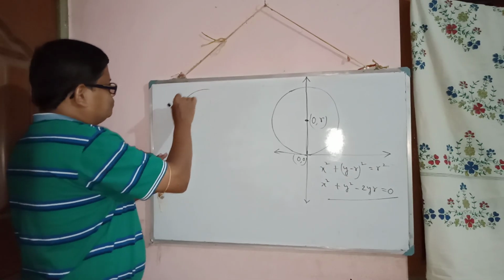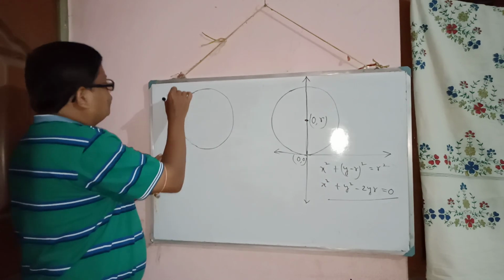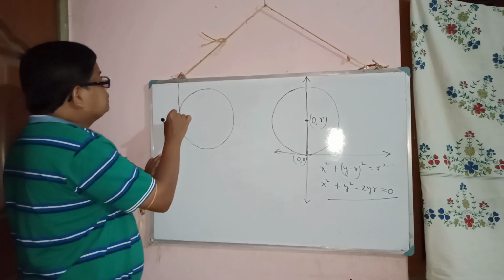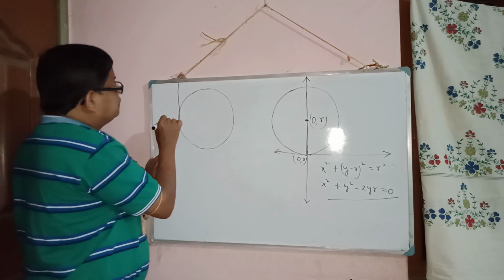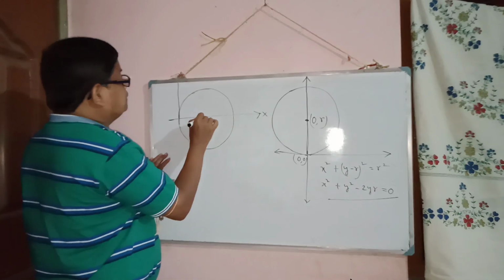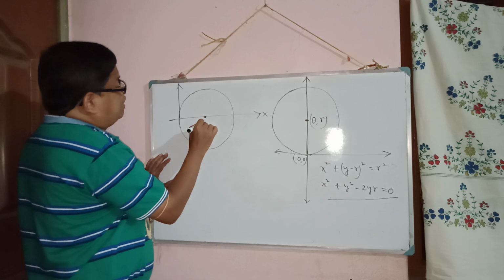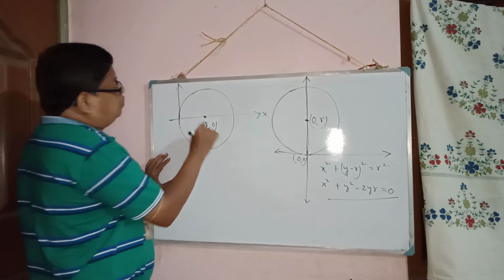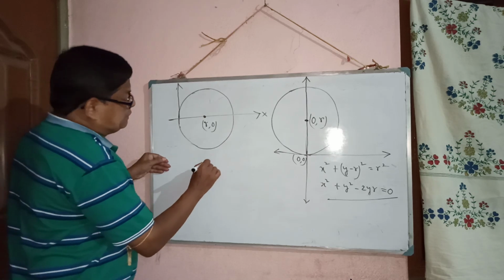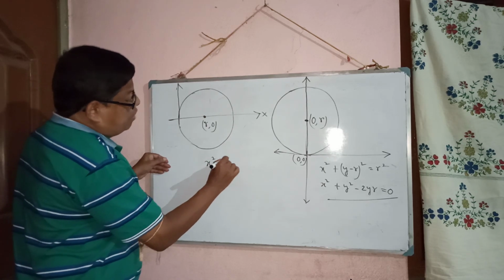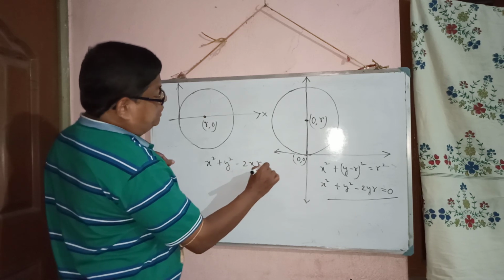Similarly, you have to draw the figure like that. See, the y-axis at the origin. So this is the y-axis, this is the x-axis. The center will be r comma 0. Then the equation will be x square plus y square minus twice xr equal to 0.